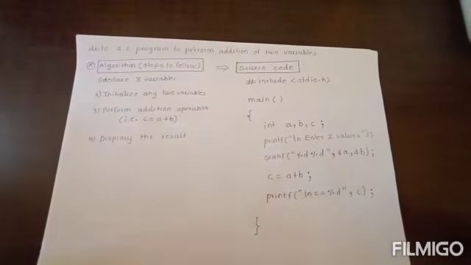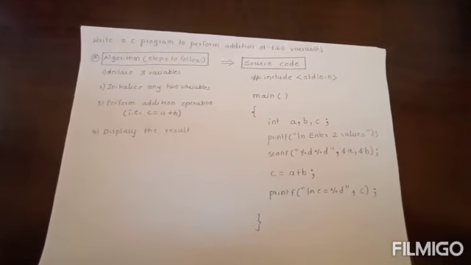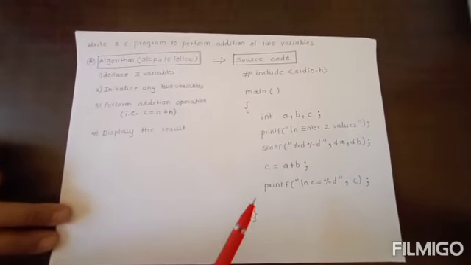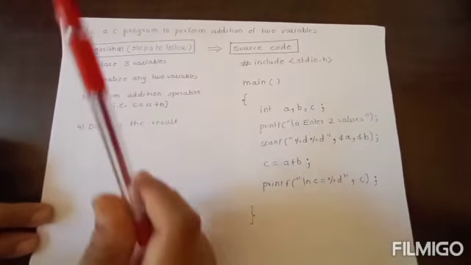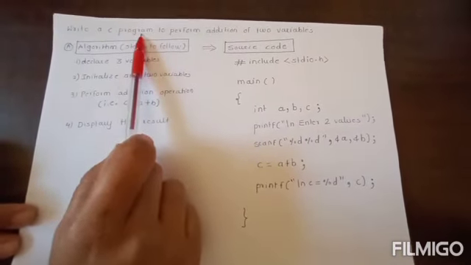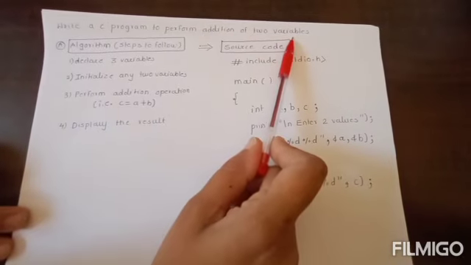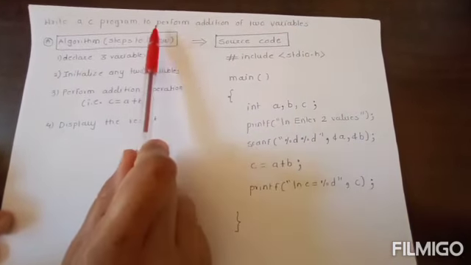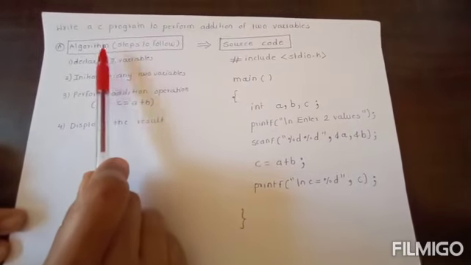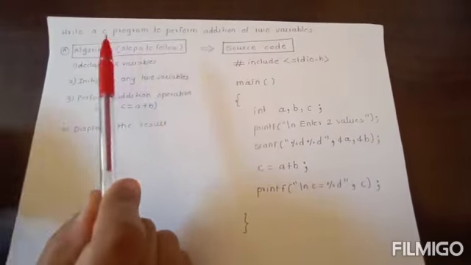Now to see all the categories for user defined function, let us start from the beginning. I'll simply take one example: write a C program to perform addition of two variables. For this, we'll write steps to follow, or in short, the algorithm.